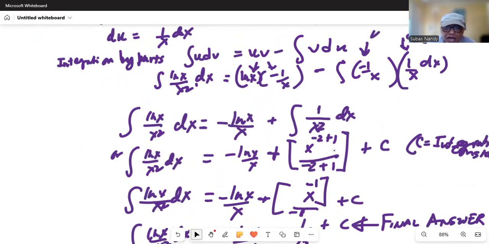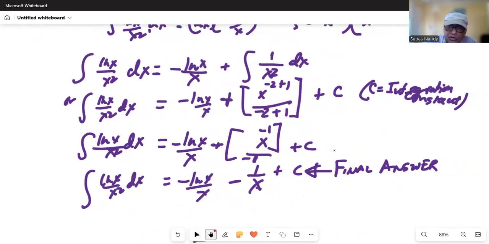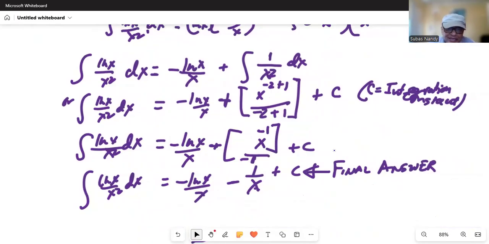So finally, we have equal to minus ln x by x plus integration of 1 over x squared dx. This is an indefinite integral, so we have to add a constant of integration, which is c. So the final result is minus ln x by x minus 1 over x plus c. Okay, c is the integration constant, and that is the final answer.